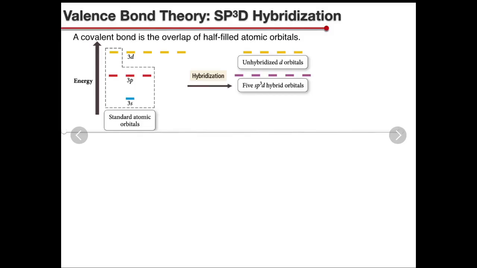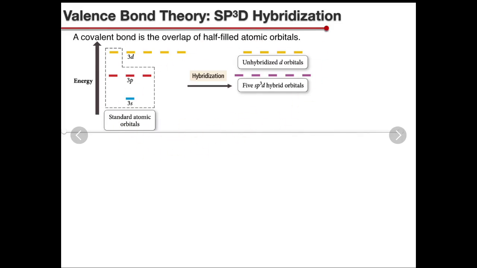So if it's involved with d, this would be called sp3d, because you use one of the s, 3 of the p, and 1 of the d. If you mix this together, these are going to result in 5 sp3d hybrid orbitals, and the leftover would be the unhybridized d orbital.